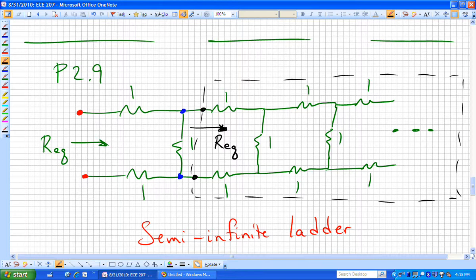Question? Could we draw the box one set over, to the right, and come up with a relationship like we did and get that same number? So if you drew your dashed black line one vertical resistor to the right, and did the analysis, well, maybe we'll take out a piece of paper and see.